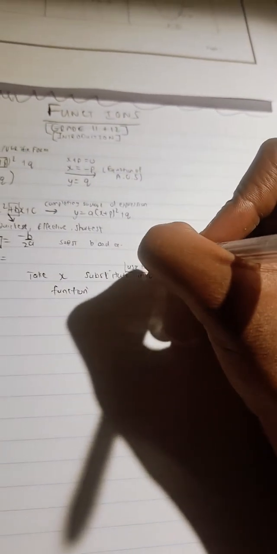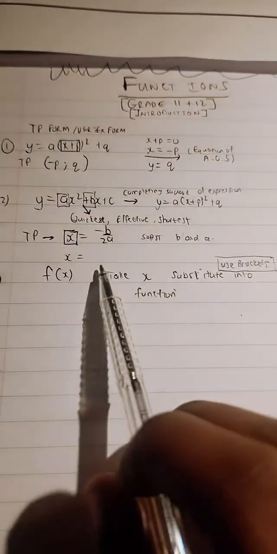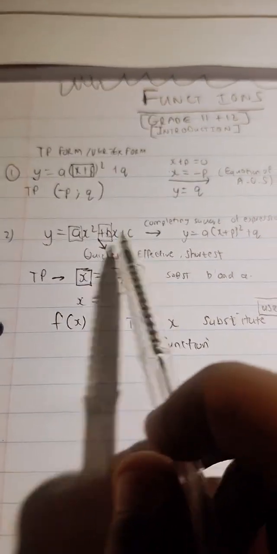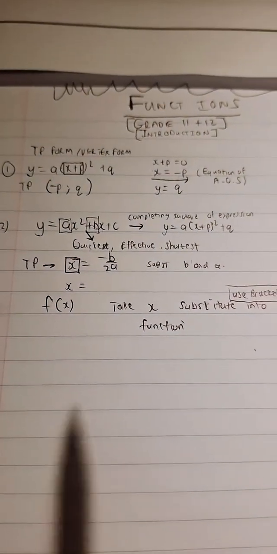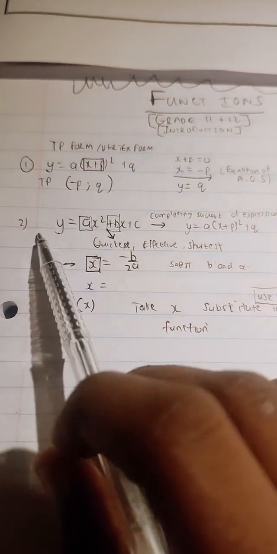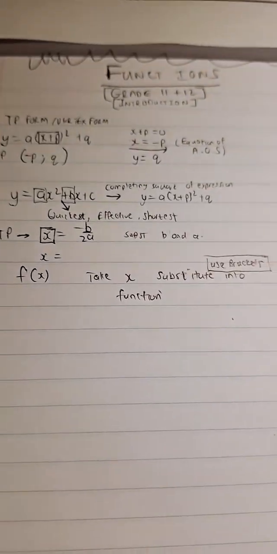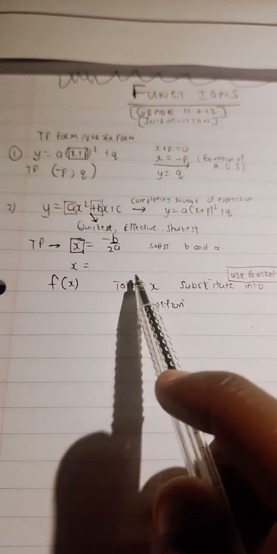You use brackets to substitute that specific value in the place of x. Doing that substitution gives you the corresponding y value that goes with the x value you had gotten for the turning point.